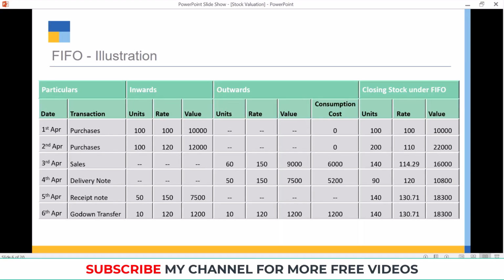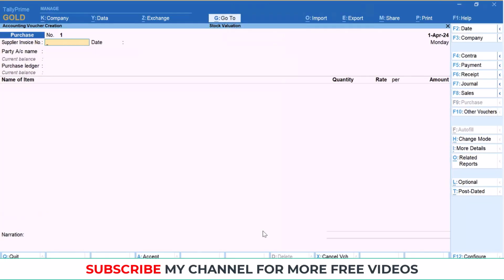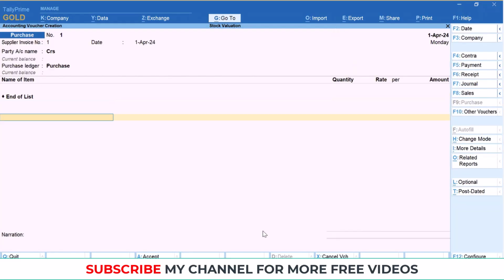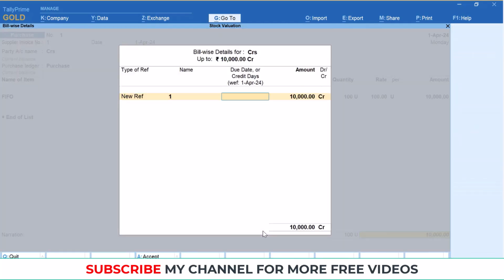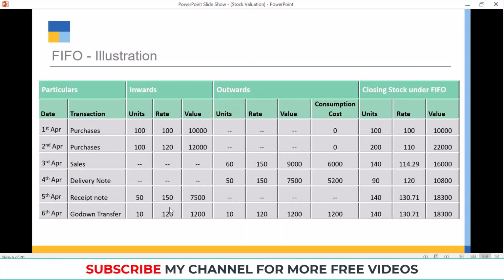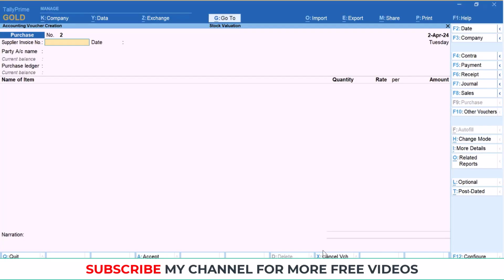So now, the first illustration says here, if you are making a purchase of 100 units inwards at 100 rupees each, okay. And then the second illustration says, again we are making a purchase of 100 more units at 120 each.